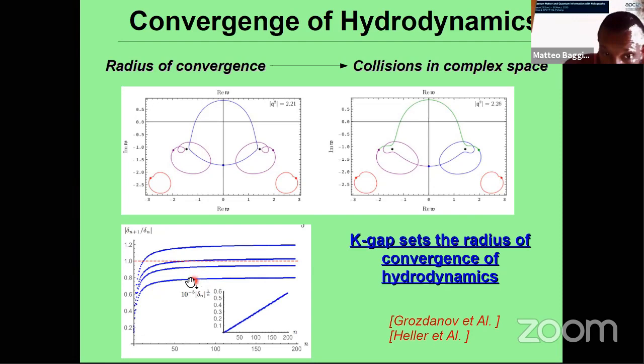And this is basically if you are below the K-gap or above the K-gap. So basically you put some boundary condition that has support on the momentum in the initial condition. And this support can be only for modes which are below the K-gap or for everybody. So if you put it below, what you see is that basically these things converge. So these guys, you see at a certain point, they stop growing and they basically become flat.